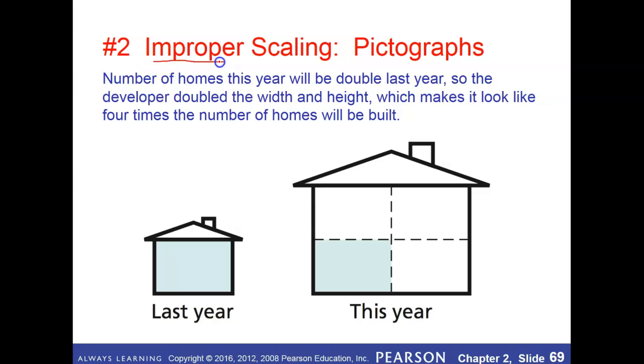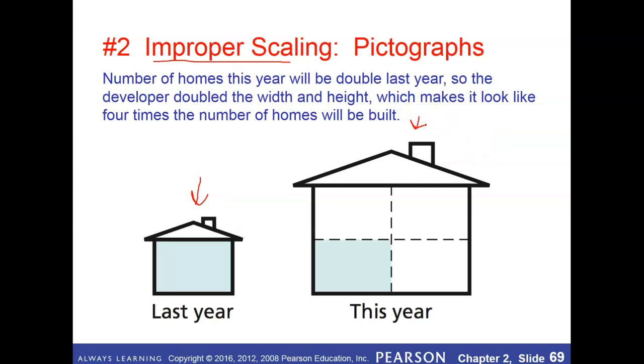There's also improper scaling. So improper scaling, a big one is where we have a picture of something. And so last year, this is the number of homes. This year will be double last year. So if you're looking to sell your house, here's the number of houses that sold last year. This year, if that number is going to double, we're looking at this graph.